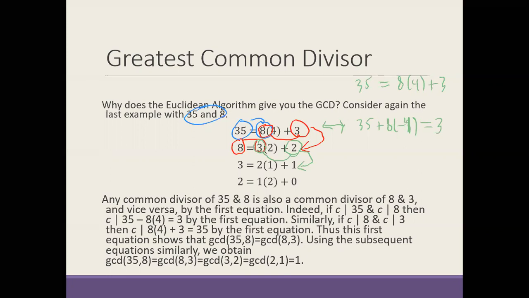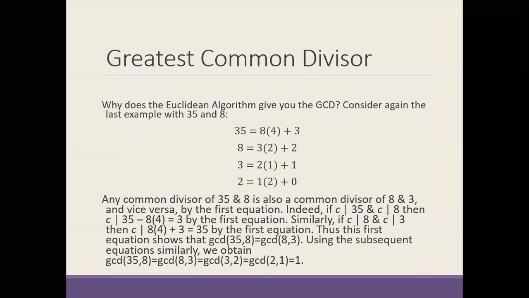The GCD of 35 and 8 is the same as the GCD of 8 and 3, which is the same as the GCD of 3 and 2, which is the same as the GCD of 2 and 1, which is just 1. Actually, the very last non-zero remainder will be the greatest common divisor under this little scheme right here. So that was kind of cool.